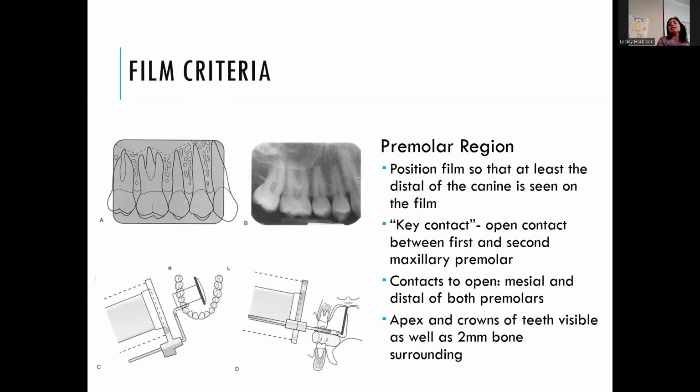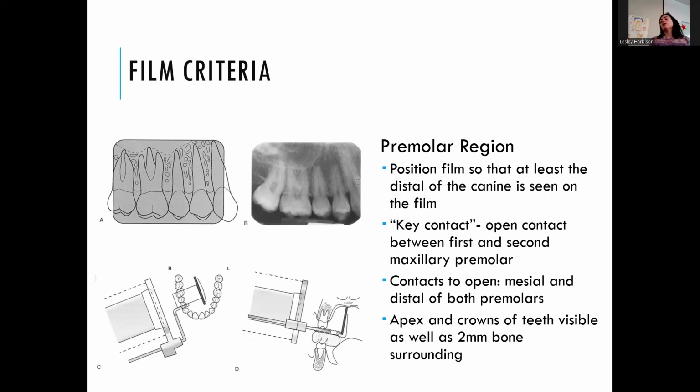The key contact for the maxillary premolars applies to maxillary PAs and bite wings, but for mandibular PAs, it's going to be between the mandibular premolars. Just cross that out, because we're talking about PAs. And on the slide where we were talking about bite wings, it should say maxillary, I believe.